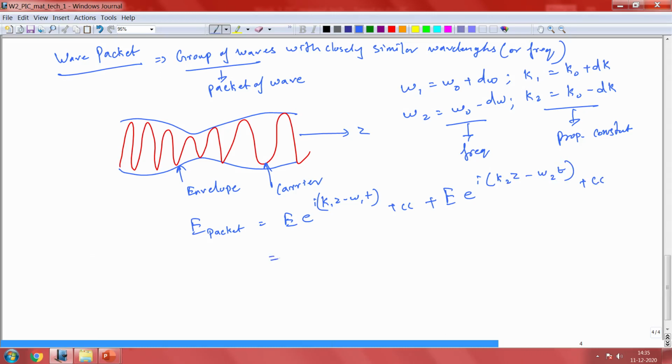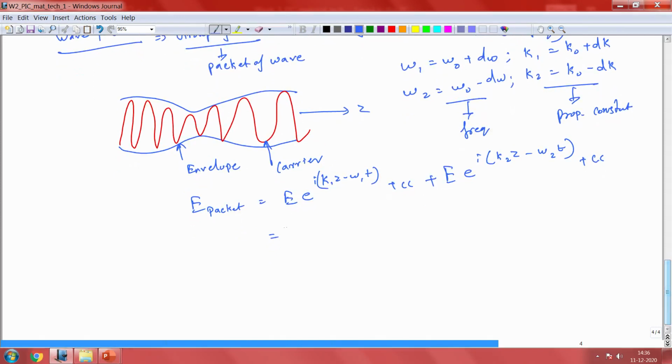By expanding this into trigonometric form, this would become 2 times cos of k naught plus d k into z minus omega naught plus d omega t, plus cos of k naught minus d k times z minus omega naught minus d omega times t.